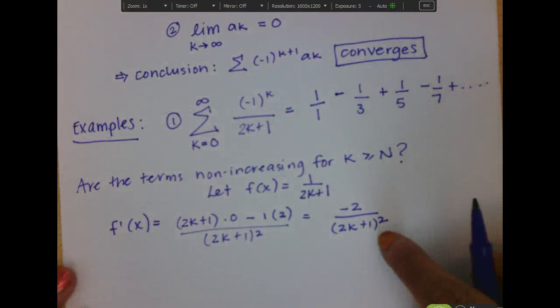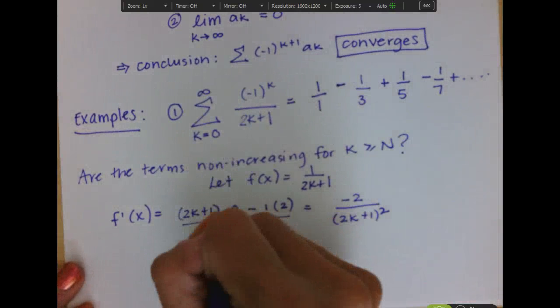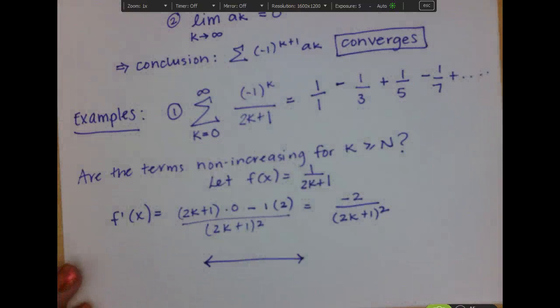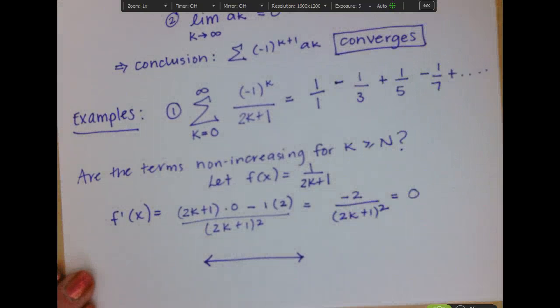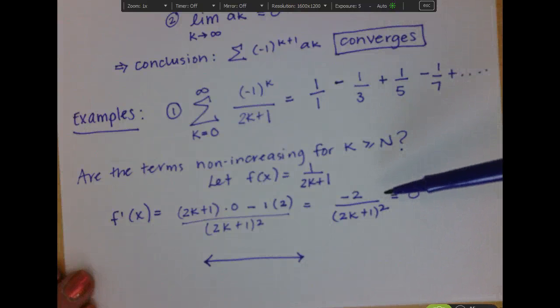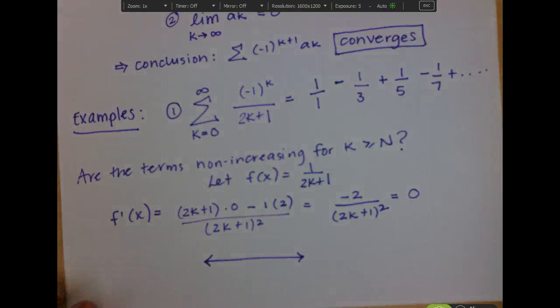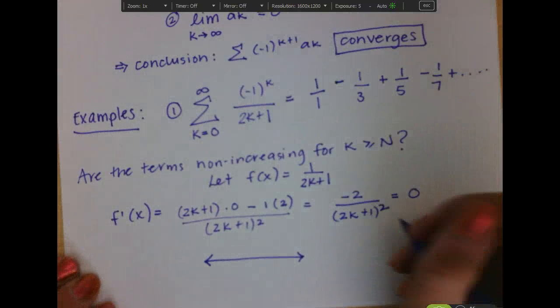This is the derivative of my function. What I need now are some critical values that could potentially separate areas of increase and decrease. They could potentially represent minimums or maximums of my function, or points of inflection. So if I let this equal 0, remember critical values are values where the first derivative equals 0, or where the first derivative is undefined.